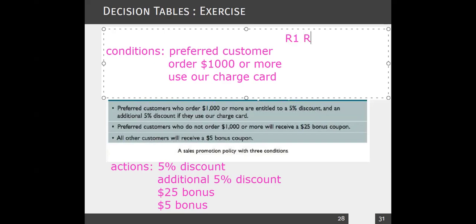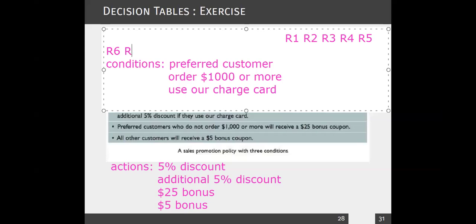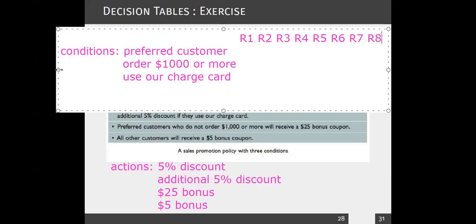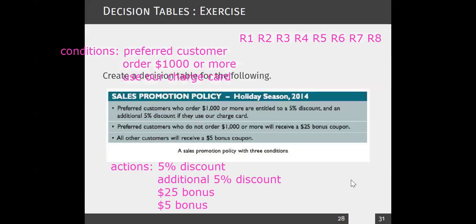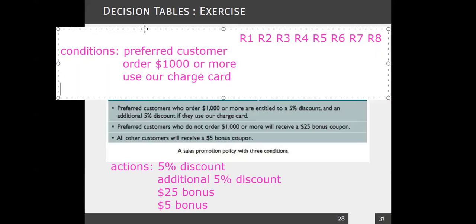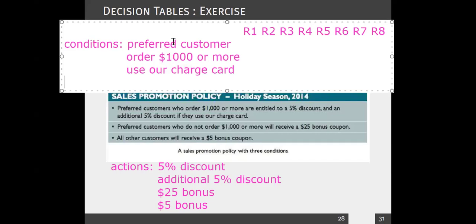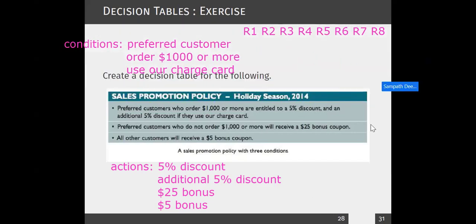R1, R2, R3, R4, R5, R6, R7, R8. Right? So there are 8 possible rules. Why did I say 8 possible?